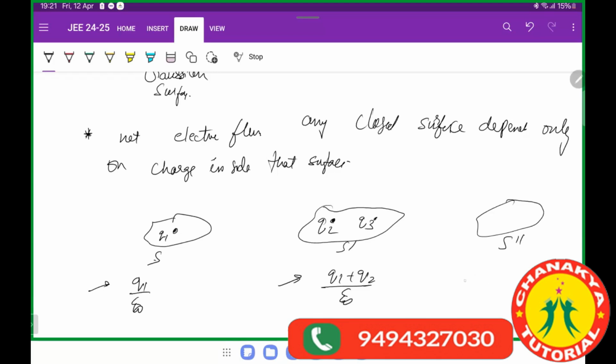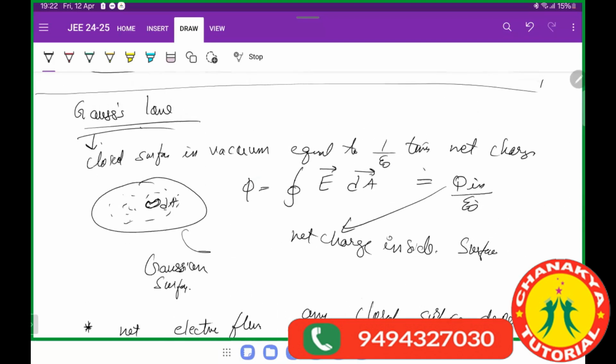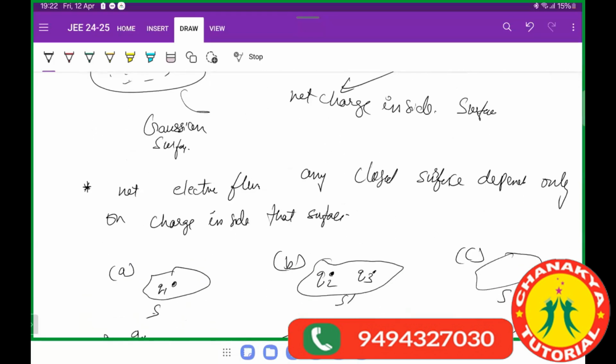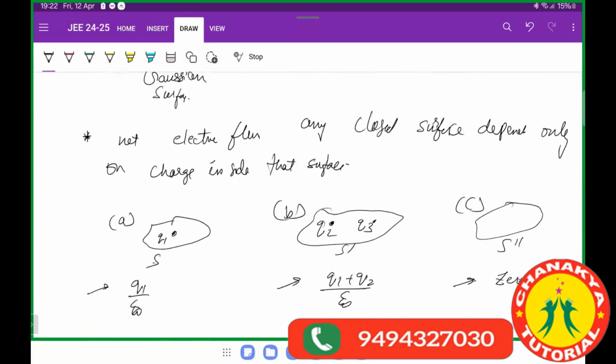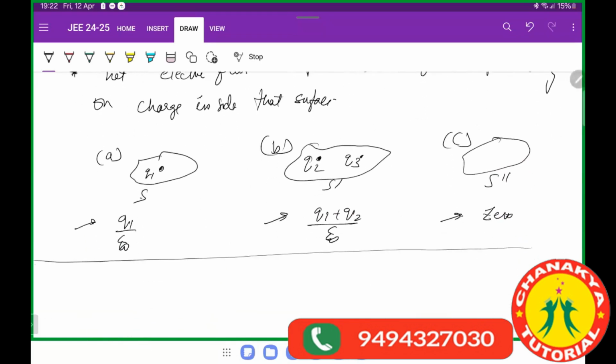Then what will be for the third case? Q1 plus Q2 plus Q3 by epsilon naught. No, it cannot be like that. This is the first case, second case, third case. For the last one it will be zero, because there is no net charge. What we wrote here is net charge times 1 by epsilon naught, so with no net charge it becomes zero. Okay, sir.